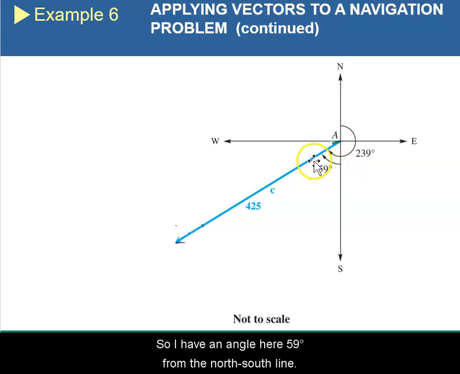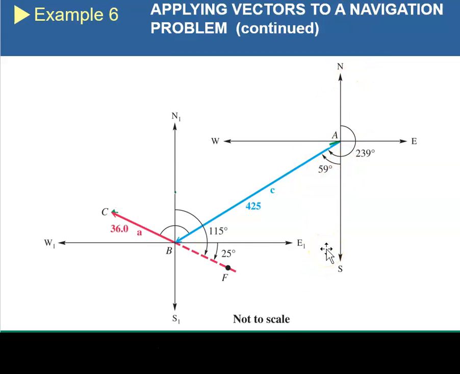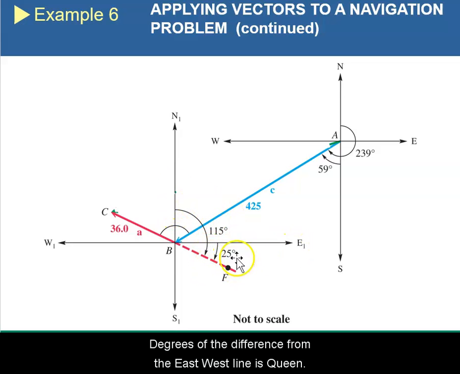So I have an angle here at 59 degrees from the north-south line. Here is the wind speed. Okay, so this is 36 miles per hour, and it is at a bearing of 115 degrees, right? So the difference from the east-west line is 25 degrees.